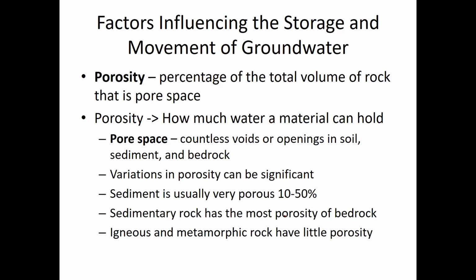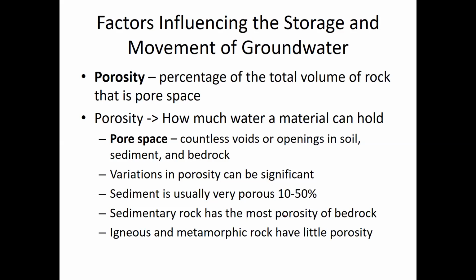For example, unconsolidated sediment, like mud, sand, and gravel, is usually very porous, with porosity between 10 and 50%. Sedimentary rock has a lower porosity, but it's the most porous of all three types of bedrock. Igneous and metamorphic rock have very little porosity, as you can imagine, right?